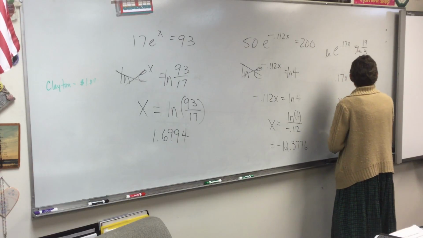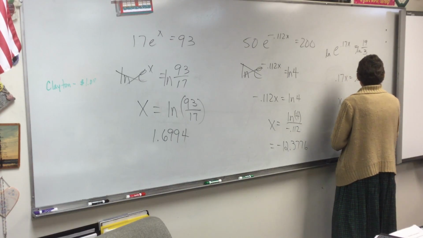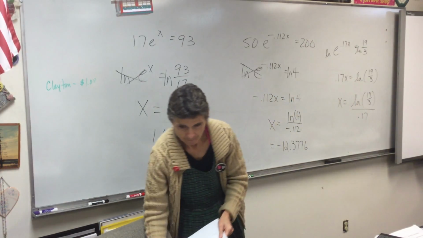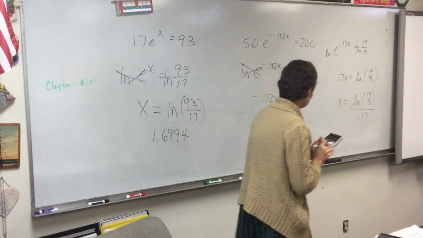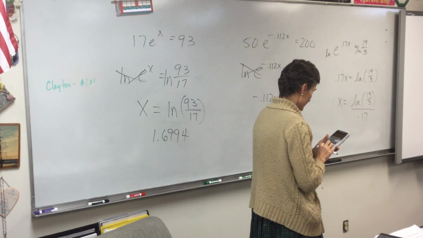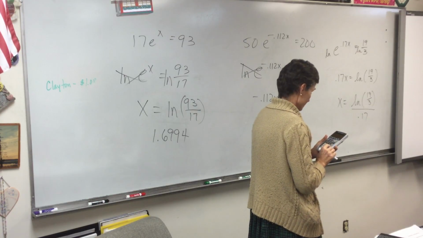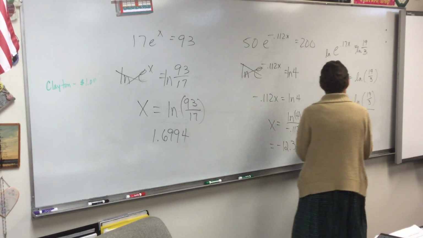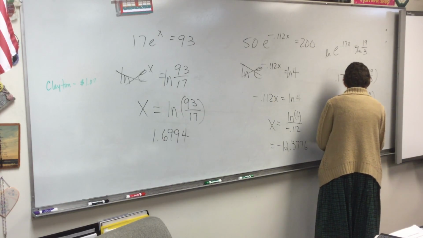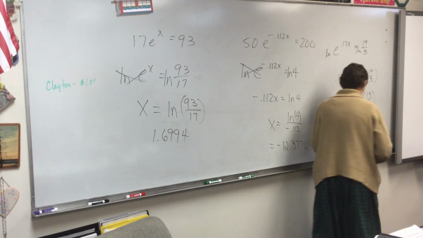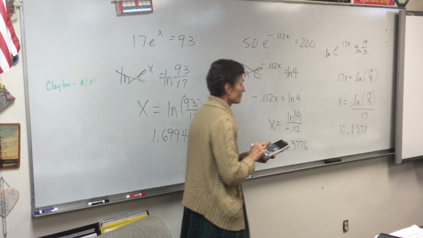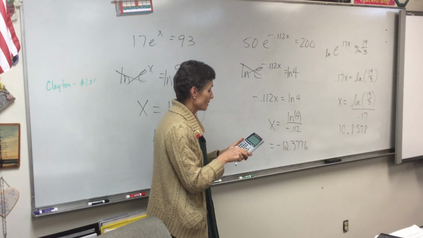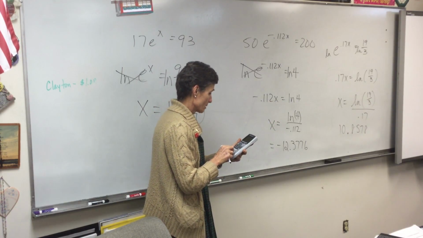So did you take ln 19/3, get that number, and divide it by 0.17? Okay. Let's see, ln 19/3 divided by 0.17. I got 10.8578. I didn't get 19 here.